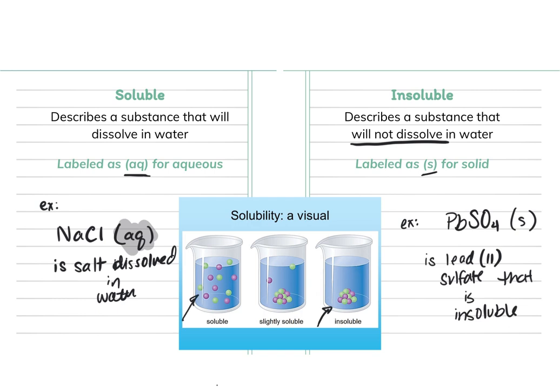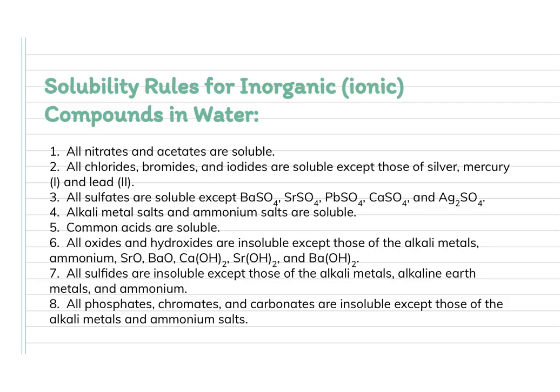So how do we know what's going to be soluble and what's going to be insoluble? Well, we have a lot of rules. You do not need to memorize these rules by any means. You will be provided with these. You just need to know how to use them and how to identify whether something is going to be soluble or insoluble. If we see rule number 1, all nitrates and acetates are soluble.